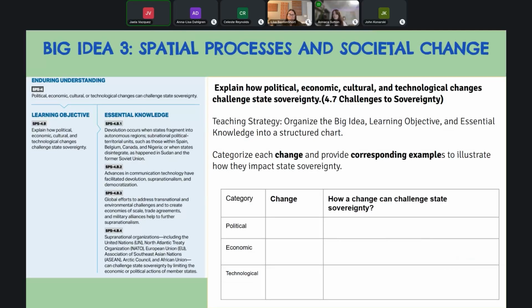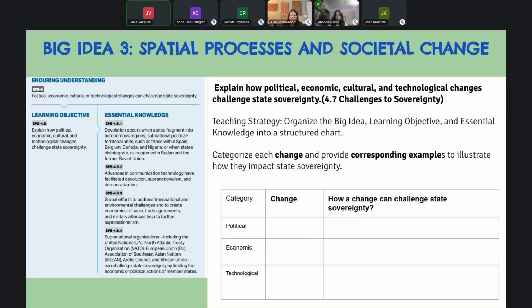The other big idea that I wanted to go over was spatial processes and societal change. And I used political geography. The learning objective here is explain how political, economic, cultural, and technological changes challenge state sovereignty. Now, this is a big one, okay? It's a lot of essential knowledge, it's a lot of EKs, it's a lot of content.